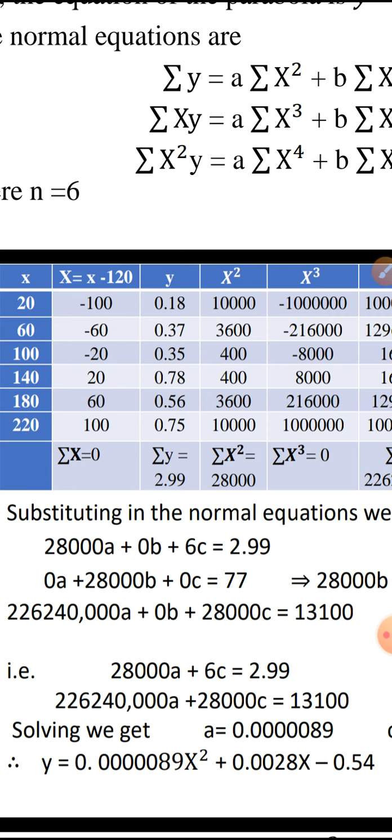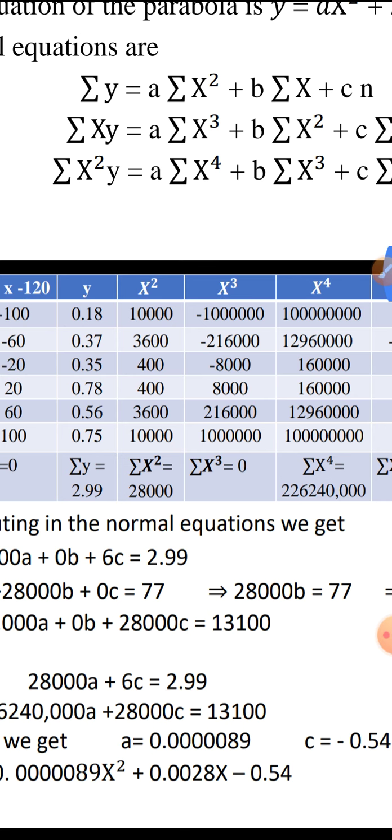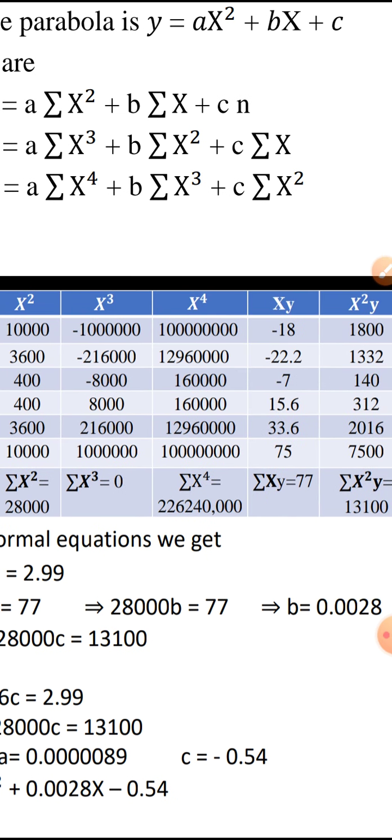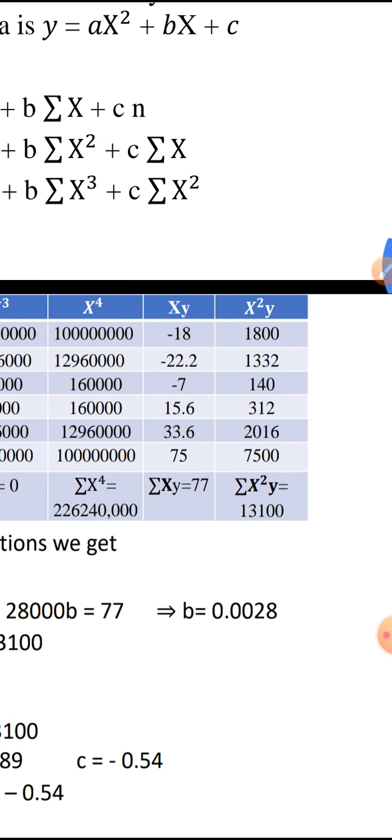Then the third column y values given in the question, then the succeeding columns. Looking at the second column which gives capital X values, you can form capital X square column, capital X cube column, capital X power 4 column, capital X into small y column, and the column headed by capital X square into y.